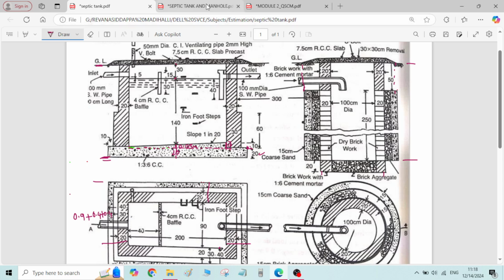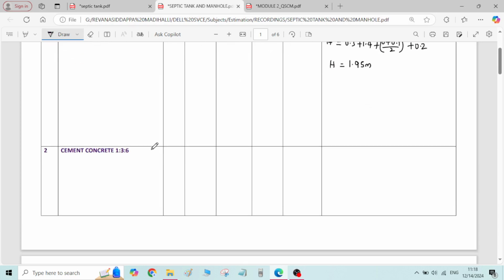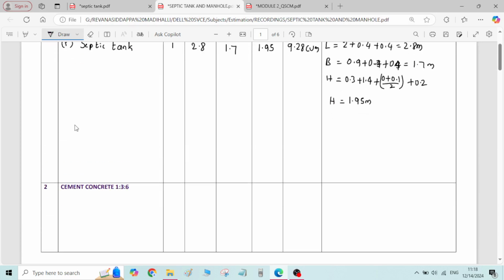So here let me write, soak pit up to 3 meter depth.